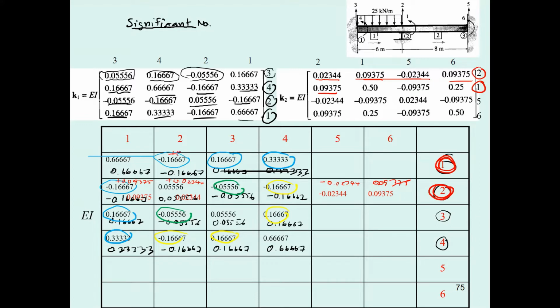So plus 0.09375, and then plus 0.5, and then minus 0.09375, and the last one is going to be 0.25. Just put it like this. So the first one, the second one, the third, this one, 5, third, and the fourth.